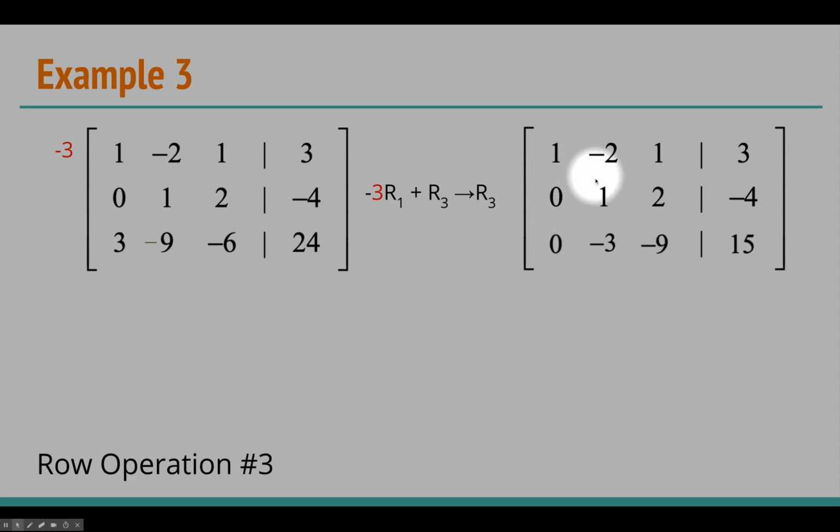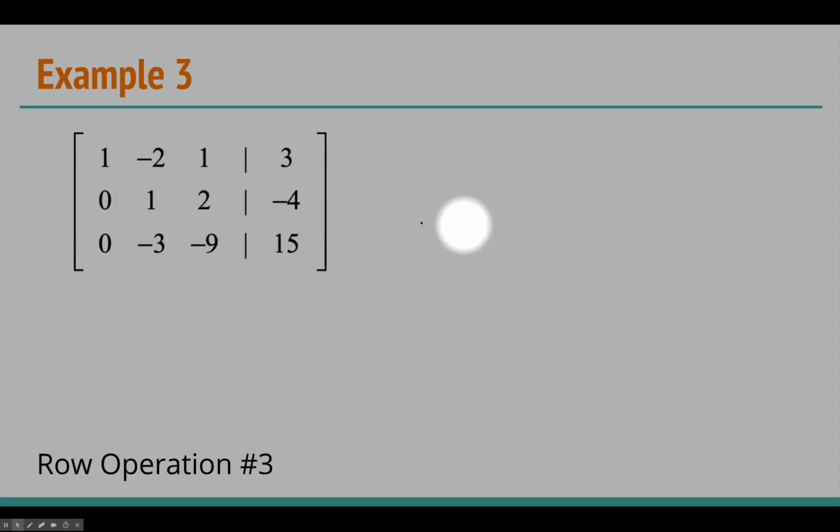I'm moving on to column 2. So column 2 needs to start with a 1 in the diagonal or the leading position for that row. And you can see here it is already a 1. So that means no row operations are needed to make this a 1. Moving down now, I want to make this a 0. So I need to add something to -3 to get 0, and of course that's going to be a +3.